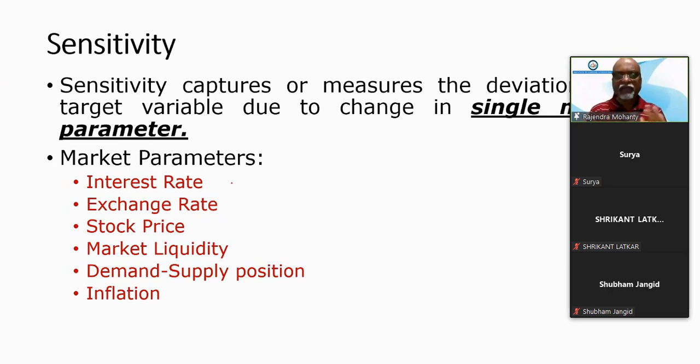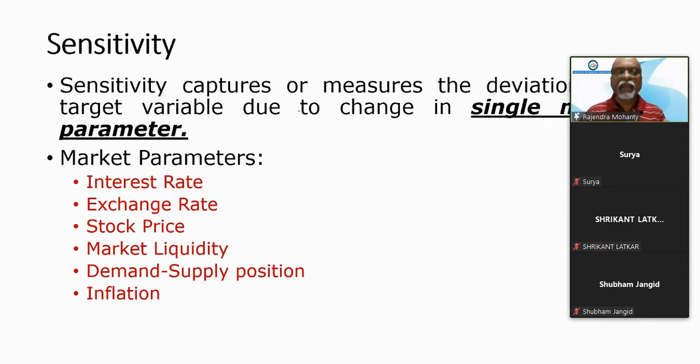It can be for any single market parameter. So always remember that sensitivity is the measure of the target variable due to change in a single market parameter. That has to be remembered. It is not for the combination of all the things. It is calculated for a single market parameter.